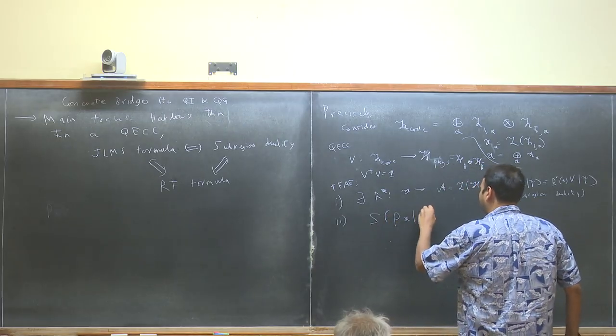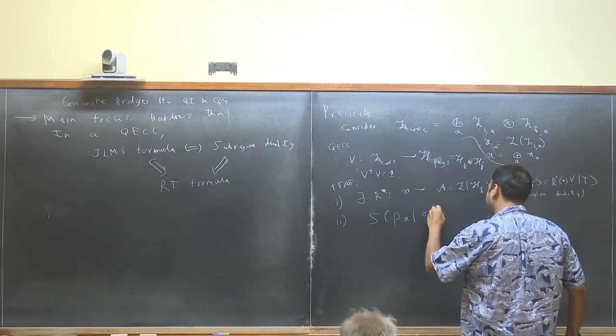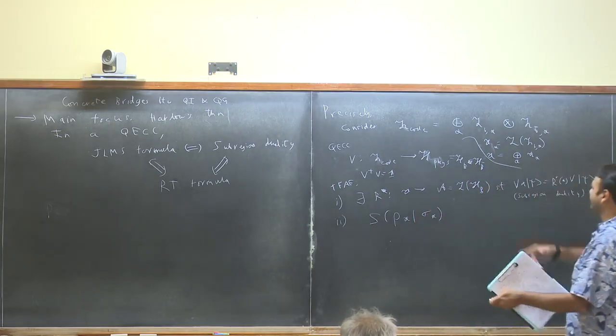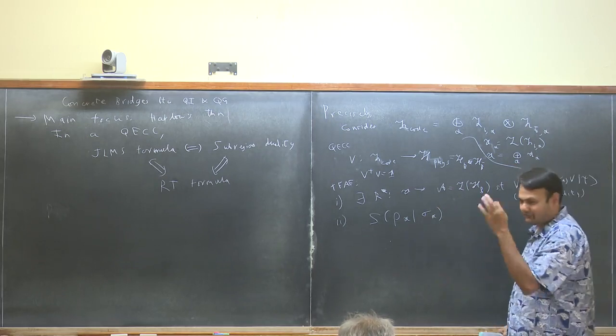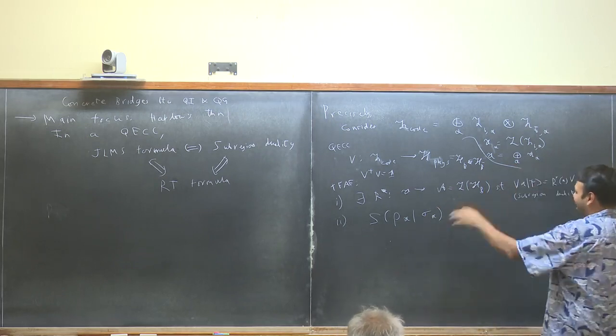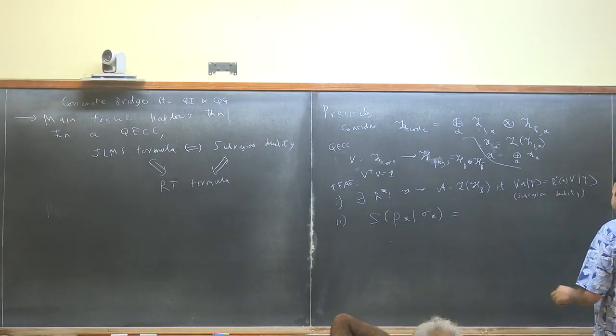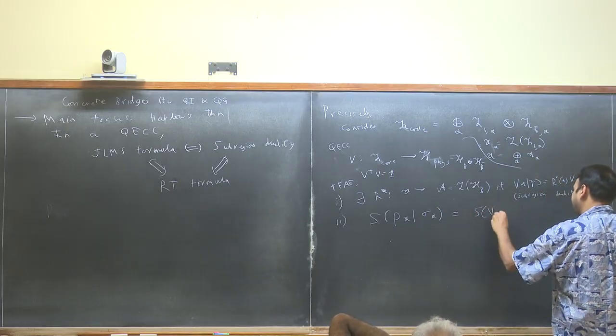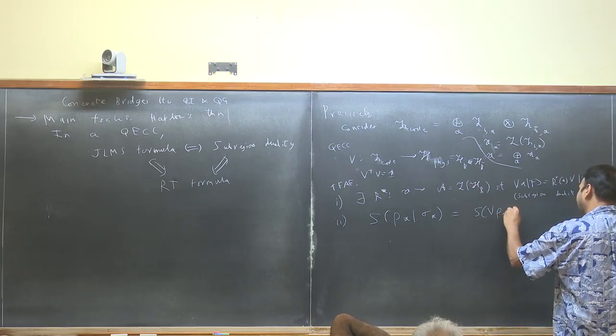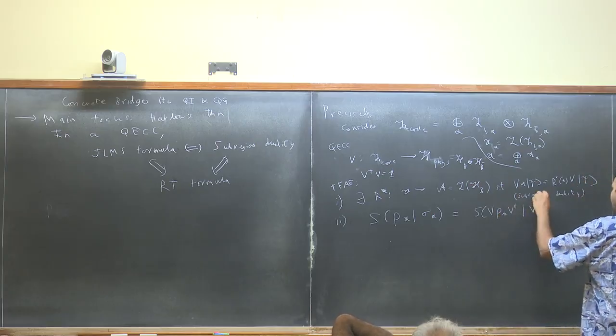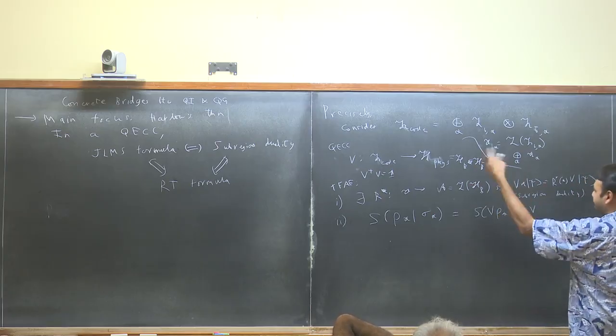So take two states in the code, reduce them to the algebra A. What it means to reduce to the algebra is not super important. It's like reducing it to a subregion. The relative entropy between those two is the same as the relative entropy between their images, the corresponding states in the physical Hilbert space.